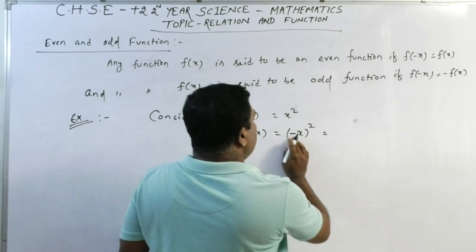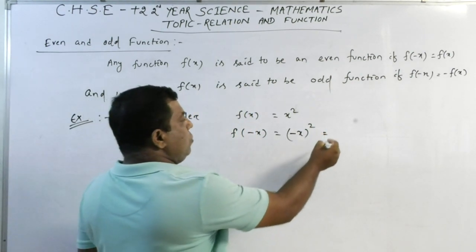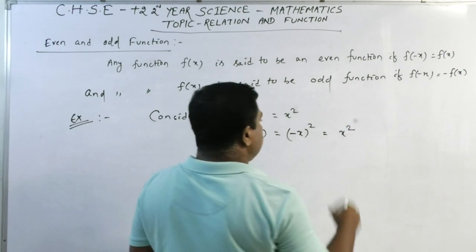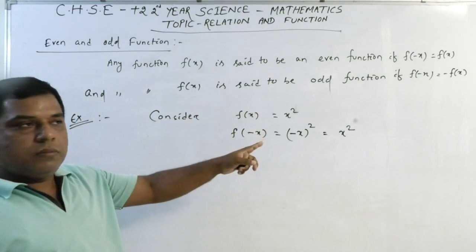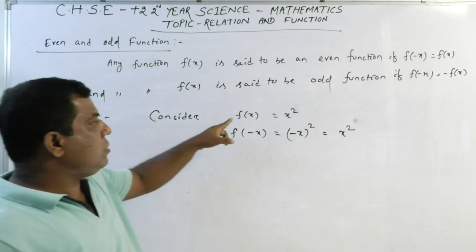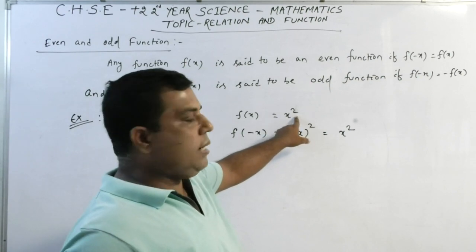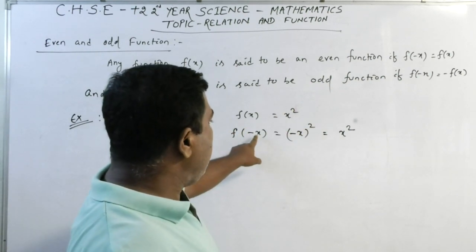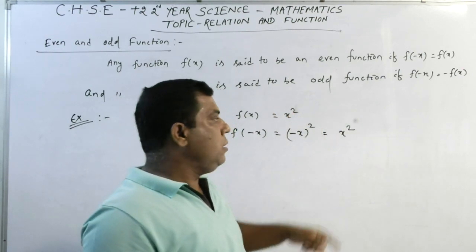So the functional value for x is x square, and for minus x also we get x square.